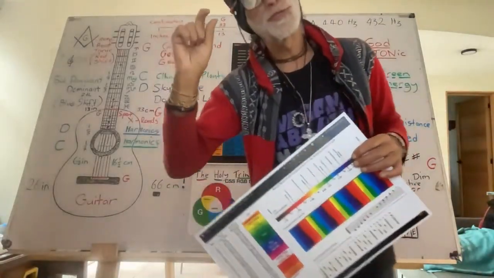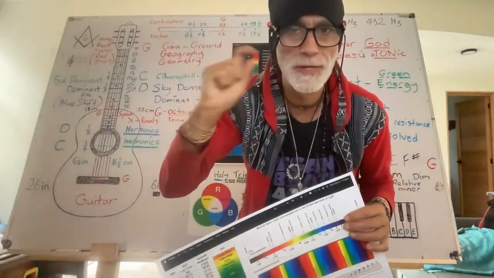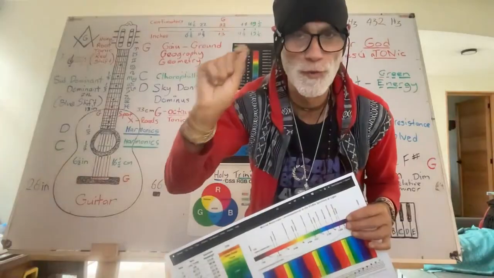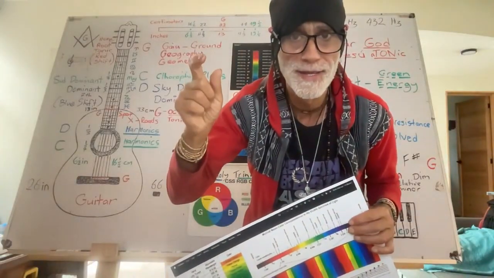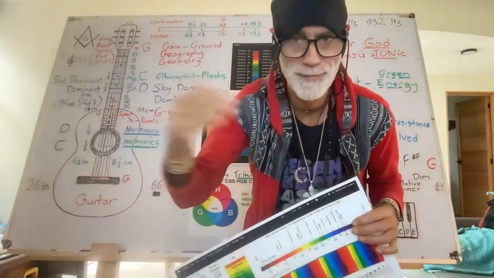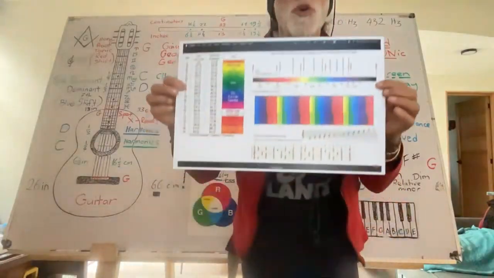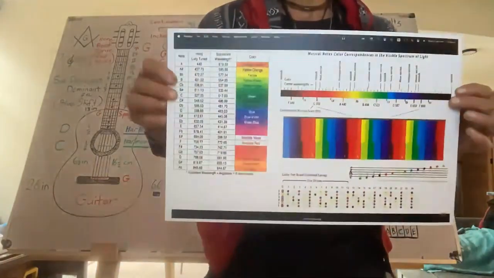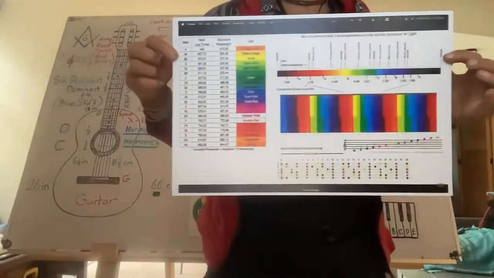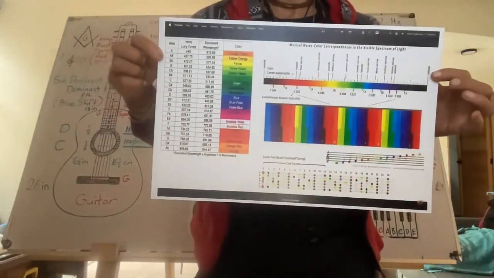Once you tune your guitar down to 432, your A and all the rest of the guitar, you'll find that this is more perfect, okay? So have a good look at that. Screenshot time.